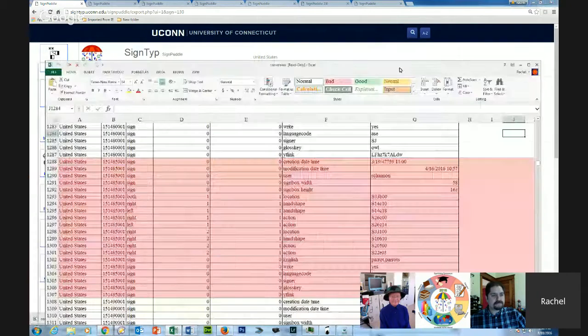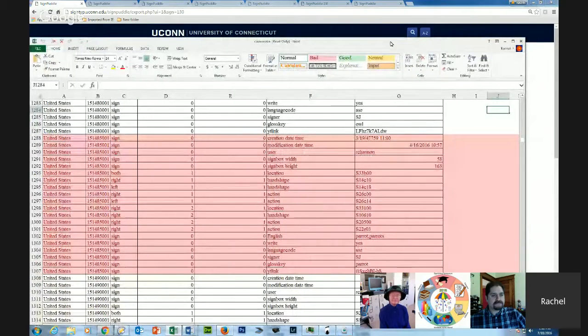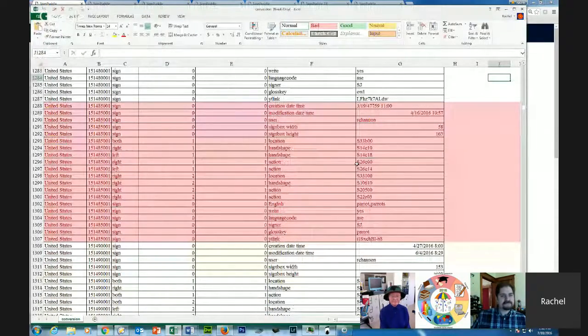Okay, so here is the table, or the file that you can get from each puddle, which is the beginning part of the research database. And here I've colored in the rows that are connected with the sign for parrot that I just showed you. So here we have our locations, our handshapes, our actions, and then we have a new action. Then we have our second time period, which has another location, handshape, and action. And then we have some other fields like glosses and a YouTube link and stuff like that.